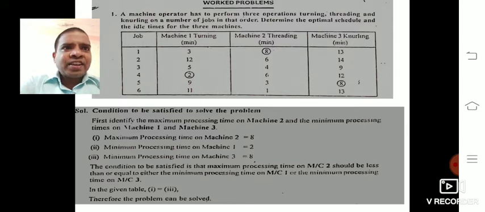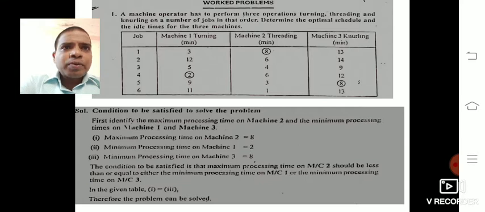It is encircled, so on machine 2 the maximum processing duration is 8. That should be less than or equal to the minimum processing time on machine 1. The minimum processing time on machine 1 is 2.